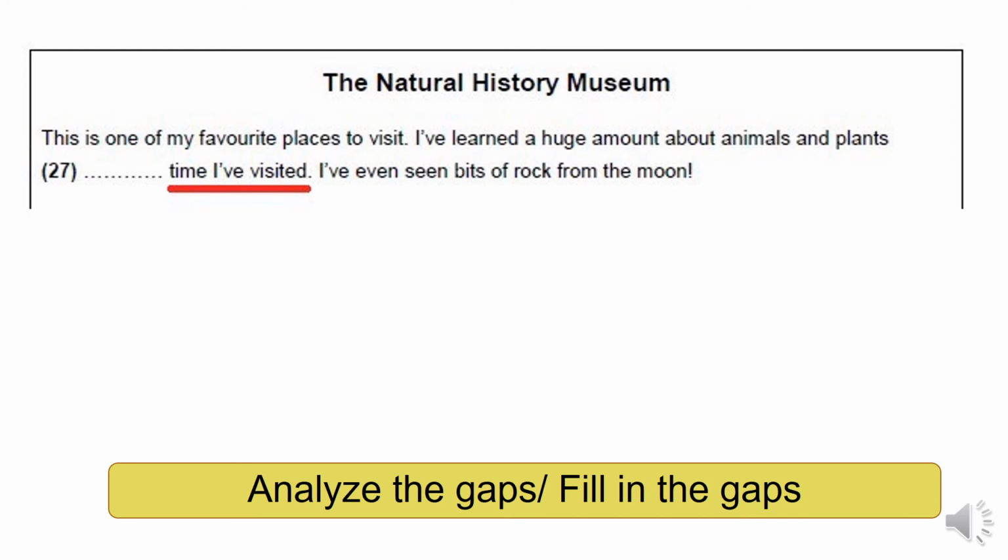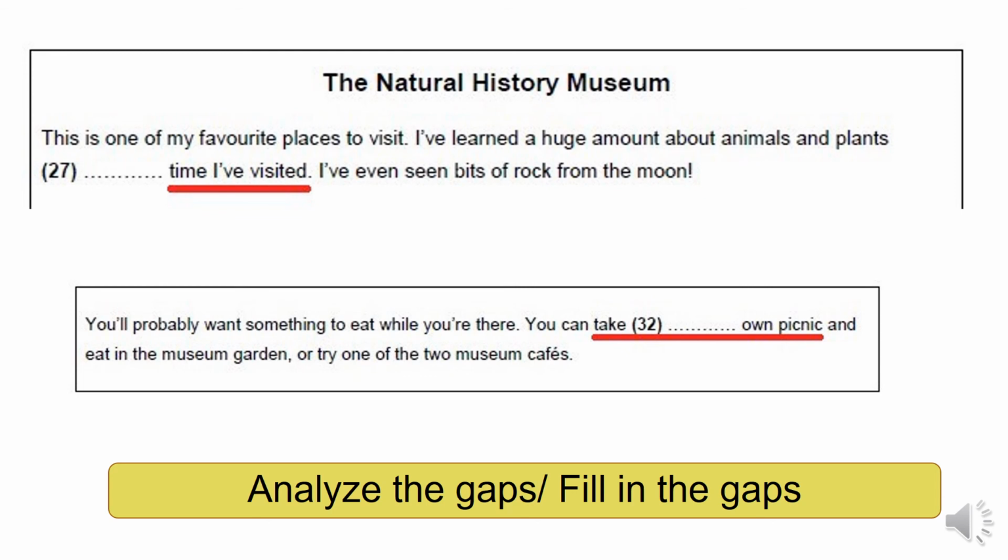Of course, there are many ways to express how often something has happened, but in this specific example, there are only two words that we can use: every and each. Remember, you can write only one word in the gap. So, other phrases like the one time I have visited are not possible. Okay, so let's check another example from that same text.